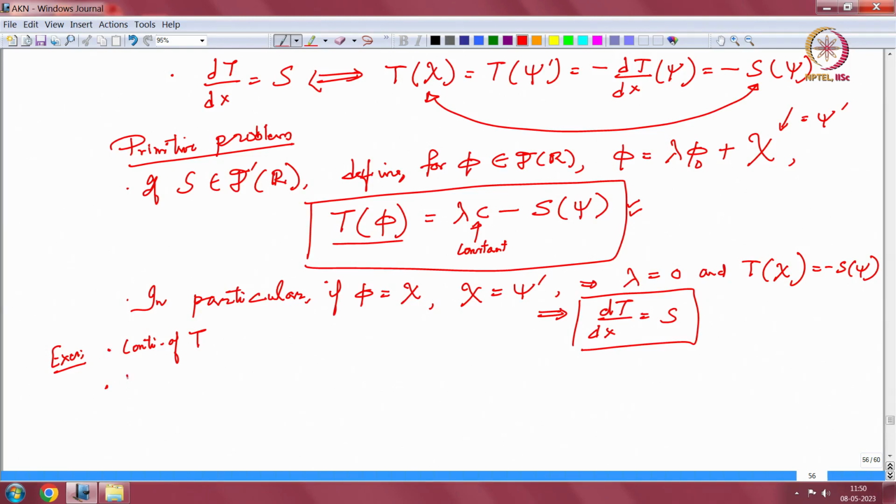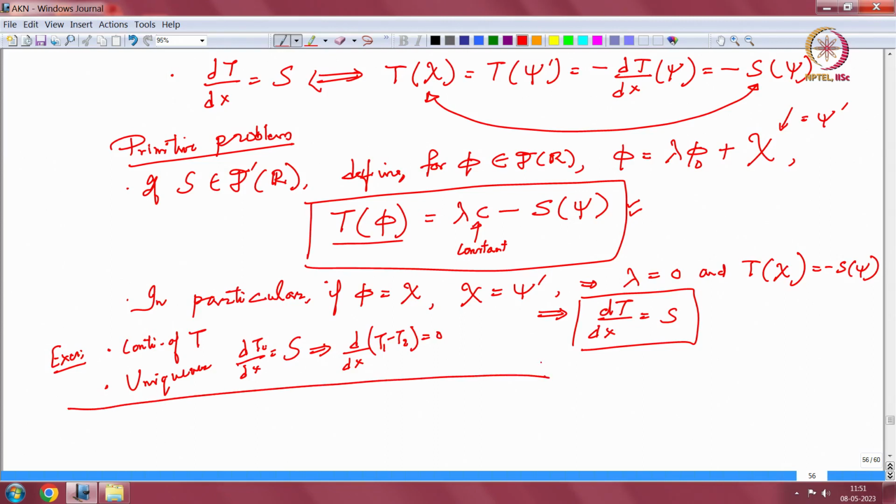That is trivial, because if dT by dx equal to 0, S the same as, okay, that will give you d by dx of T1 minus T2 is equal to 0. From there you can derive T1 minus T2 is equal to T of c, okay.